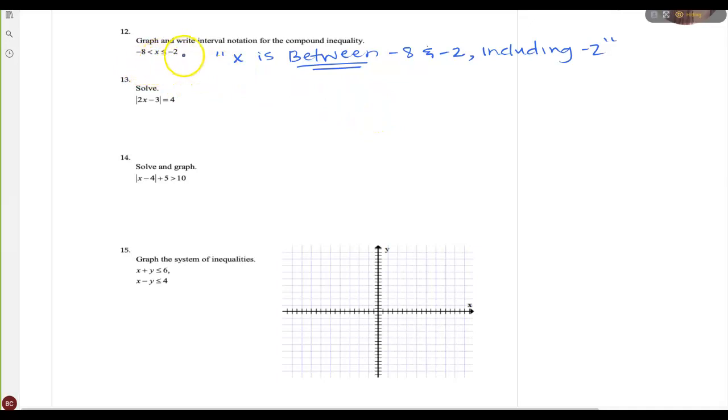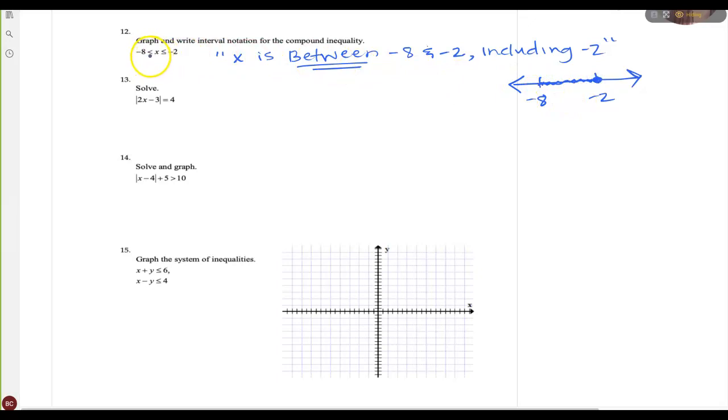So when I'm writing this in interval notation, if x is the stuff all in between, let me write my little number line because sometimes that helps illustrate it a little bit better. Here's -8 and here's -2. And we want all of the stuff that's in between here, right? It includes -2, so there's a closed circle there, but it doesn't include -8.